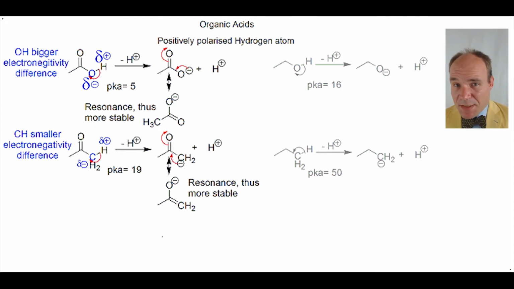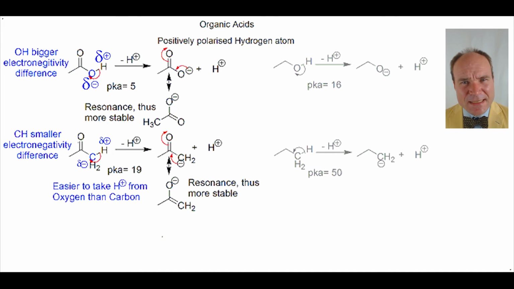If it's more partially positively charged, you don't have to take much more before it becomes fully positively charged, a proton, and it's leaving. So there's, if you will, less to do with the carboxylic acid for the proton to leave. Less energy, so it's a stronger acid, so it's more going from left to right than in the case of the ketone below.